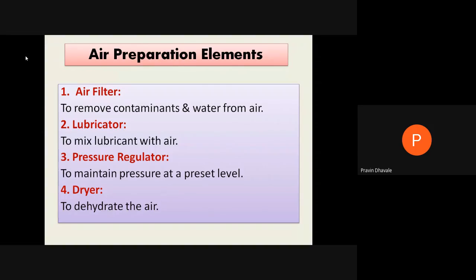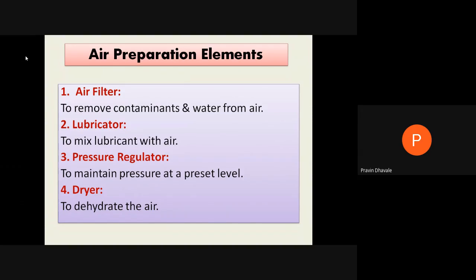If the water particles are allowed along with the compressed air into the pneumatic system, it causes corrosion of metallic parts like cylinder walls, and because of the corrosion, the life of that part is reduced. So in order to provide clean, lubricated, constant pressure and moisture-free air, we require such air preparation elements: mainly air filter, air lubricator, pressure regulator, and dryer.